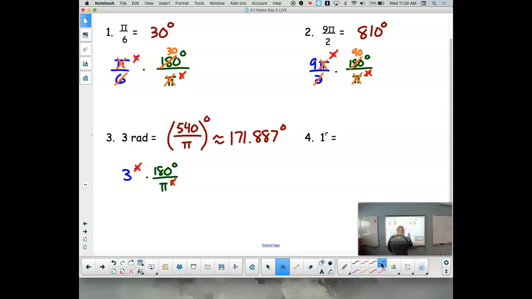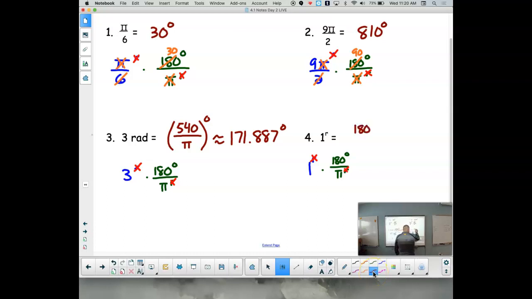Converting here on 1 radian times 180 degrees over pi radians. The radians would cancel each other out, leaving me in exact form.